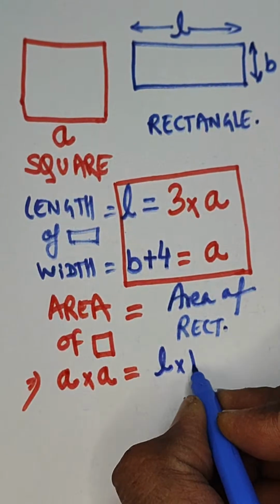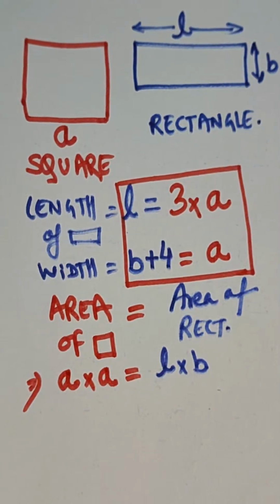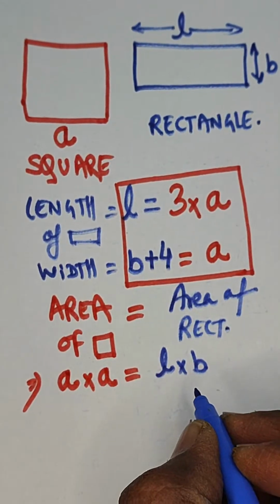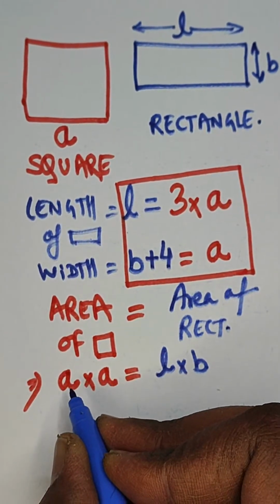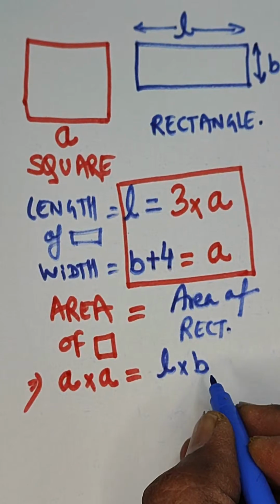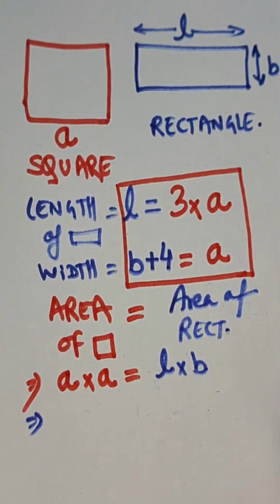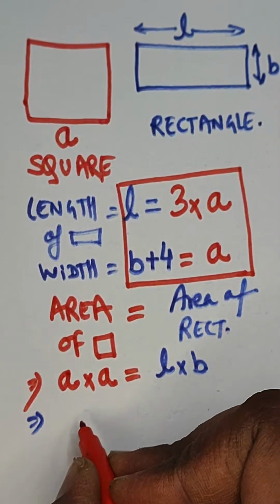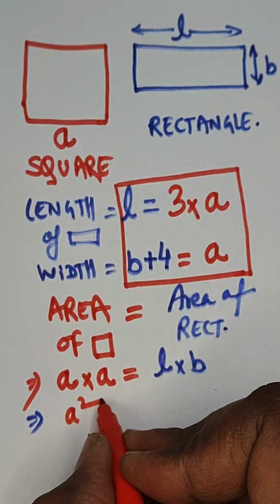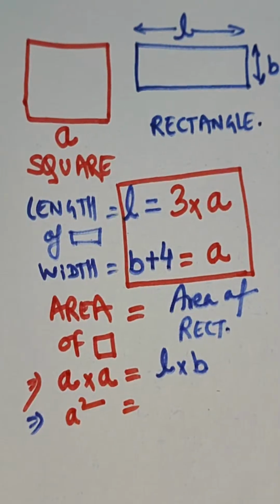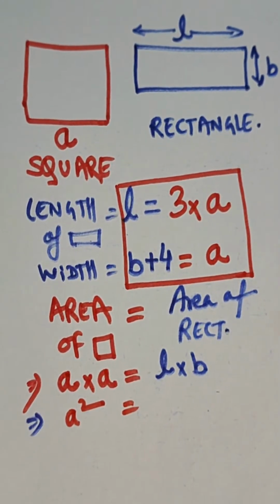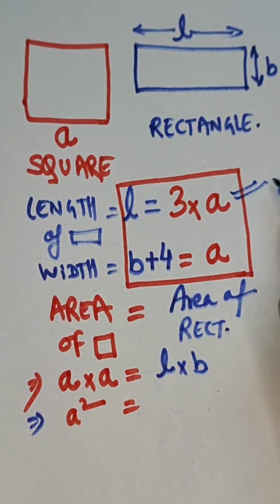My dear friends, just keep only one variable, because here we have three variables: a, l and b. So just multiply a into a, it will become a square, and in the RHS instead of L put this value 3a.